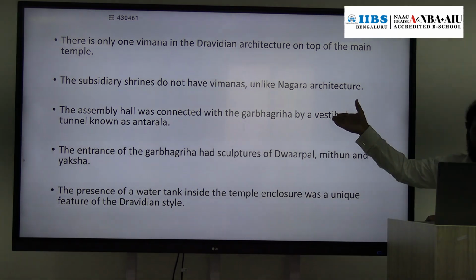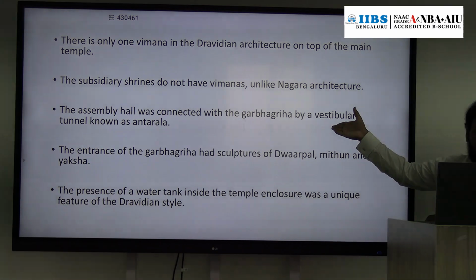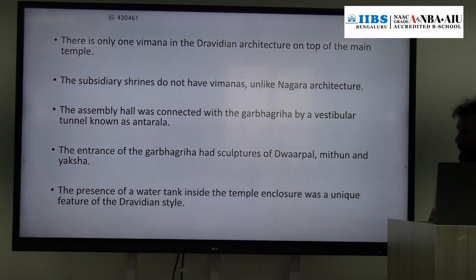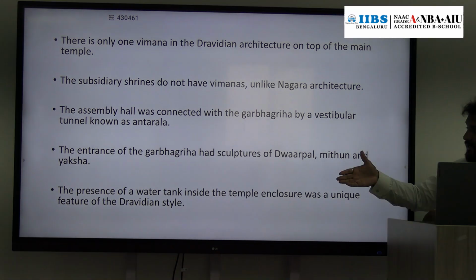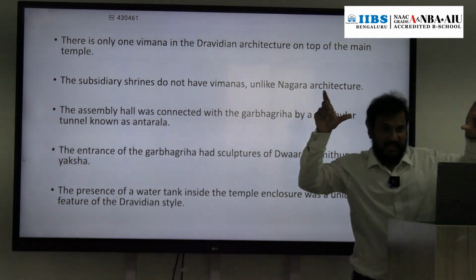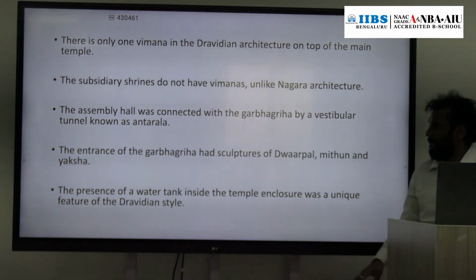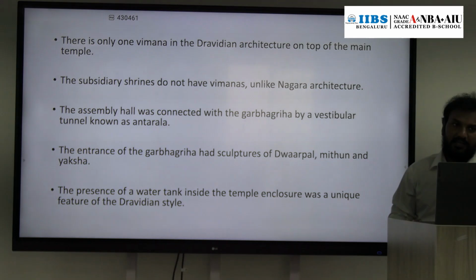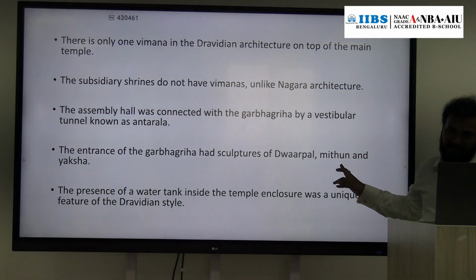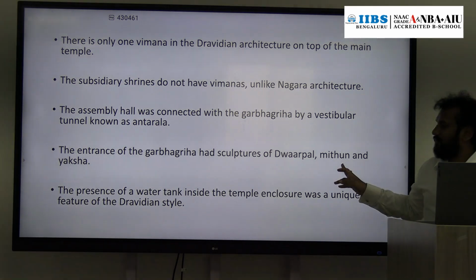And the same here, Antrala is there, which connects the Garbhagriha with the Mandapa or assembly hall. At the entrance of the Garbhagriha, or just outside it, there are walls with sculptures of Dwarpala, Mithuna and Yaksha. These are divine figures or objects of worship.